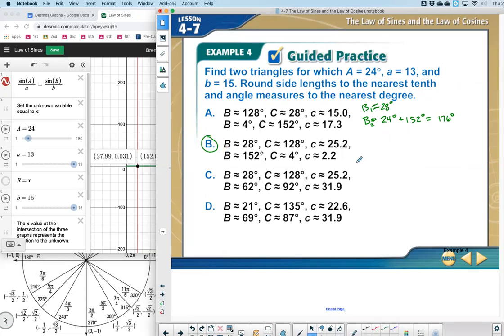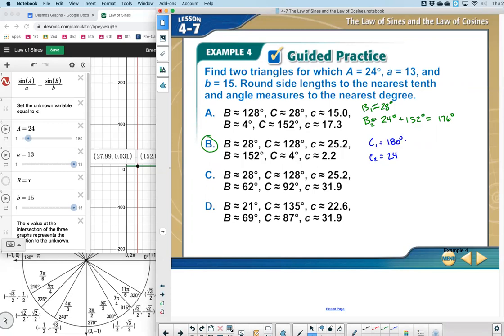To get angle C's, you would subtract. So this is how they got there. So C1 would be the 24 minus 28, which would equal 128. And since we're rounding, the second C down here would be the 24. What did I do? I'm sorry. That's supposed to be subtracted from 180.